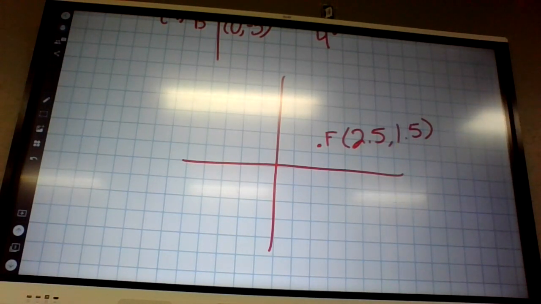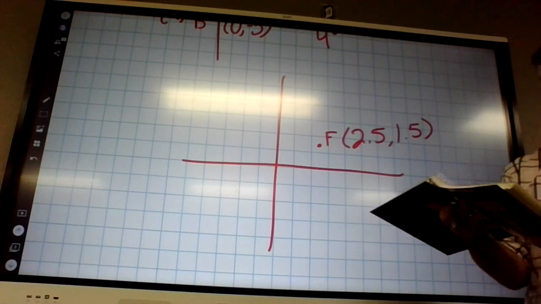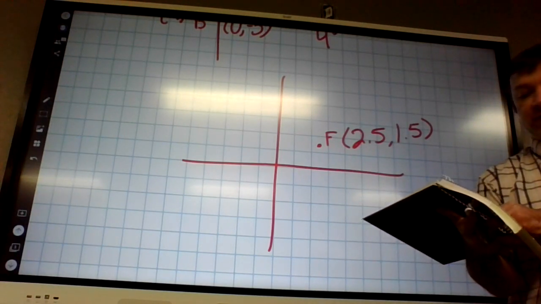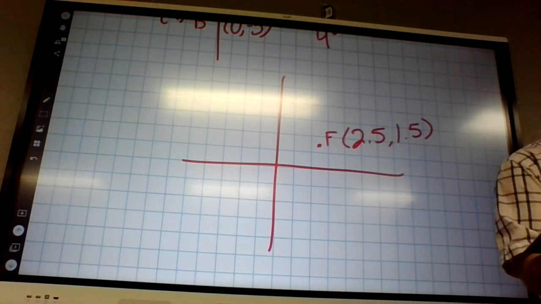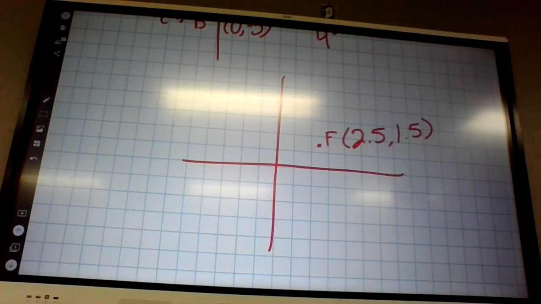What city is in the square B4? Springfield. So you just put Springfield for number 1. Springfield, Illinois, or Springfield, Missouri? No, that's Illinois, but these are all in Illinois.